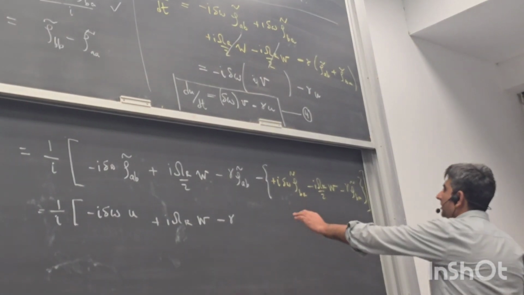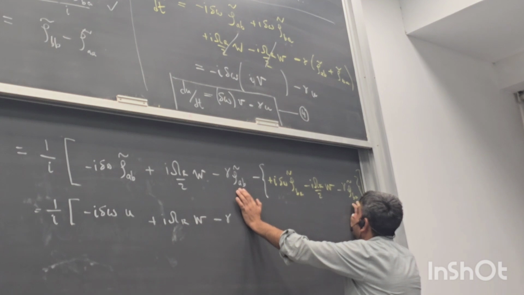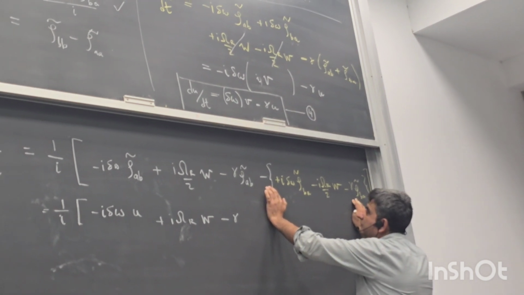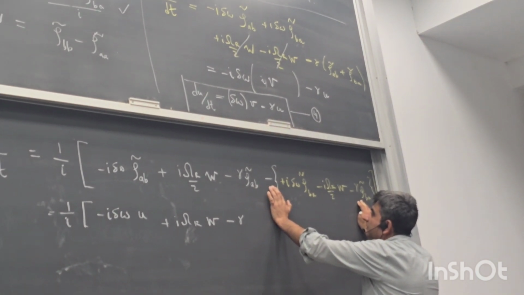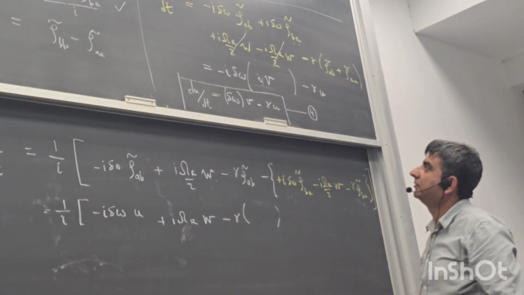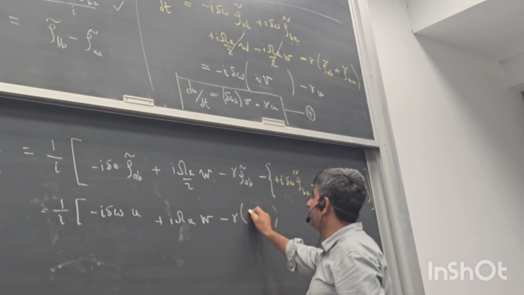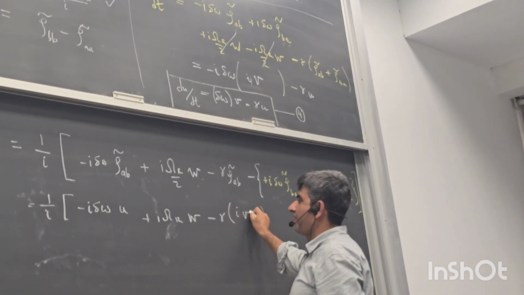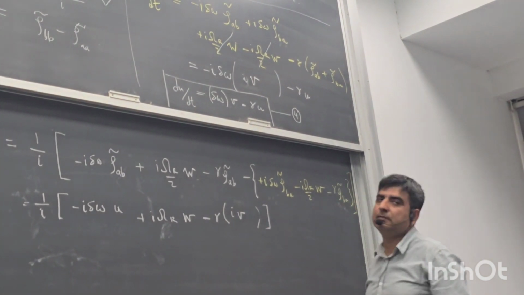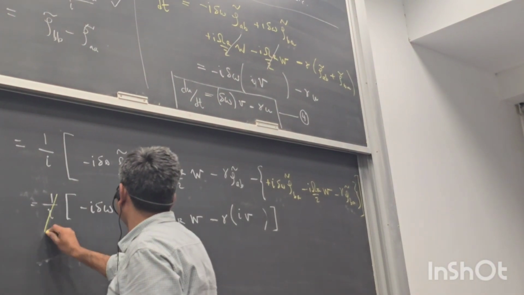This is rho AB plus rho BA. This is plus rho AB minus rho BA, minus iota B. This is iota B, right? So this gives me, so this i goes away.